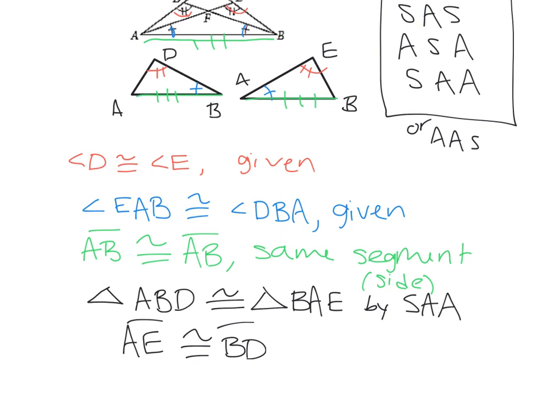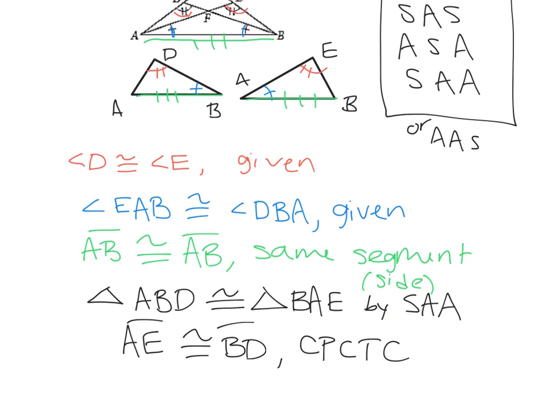What do I need to write here to end my proof, showing that they are in fact congruent? Well, if you remember, it's that new thing we learned today. Corresponding parts of congruent triangles are congruent. Again, that says that if you have two triangles that are congruent to each other, all of their corresponding parts, those that match up, are also congruent.